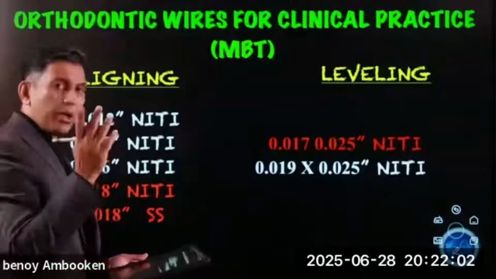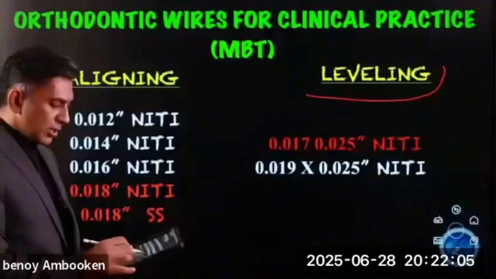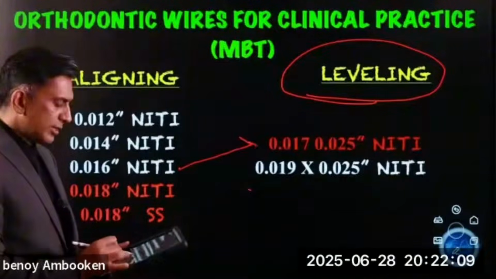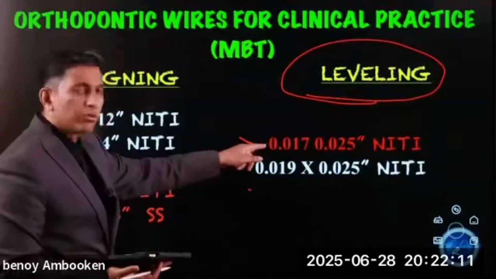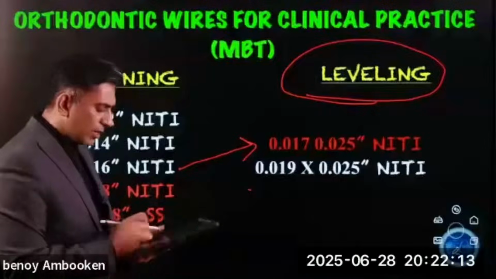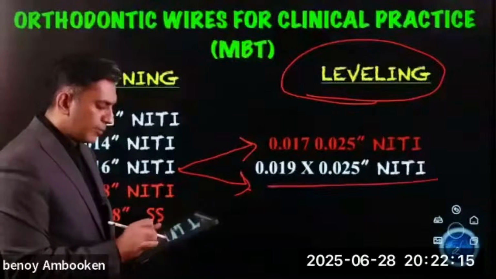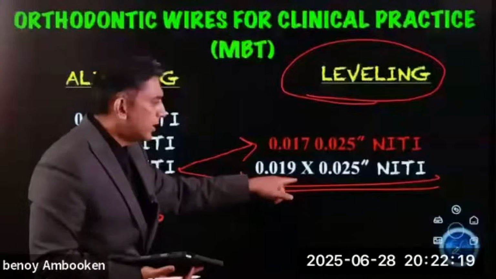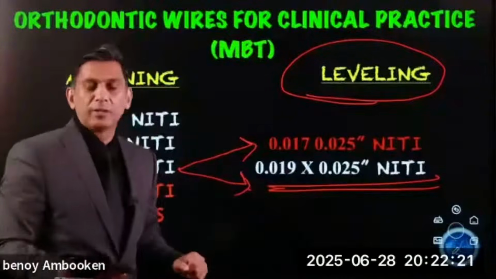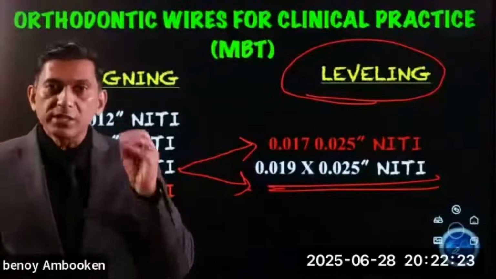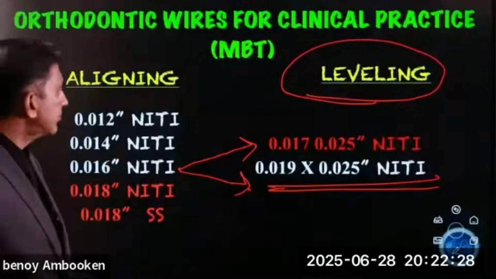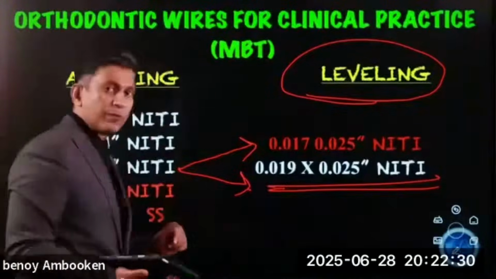Now, you have two options in the leveling stage. After .016 nickel titanium, you can place .017x.025 nitride and then you can come to .019x.025 nitride. So your targeted wire in the leveling stage is up to .019x.025 nitride. Many doctors don't reach up to .019x.025 nitride in the leveling stage. That's the second stage. I will repeat to avoid confusion.